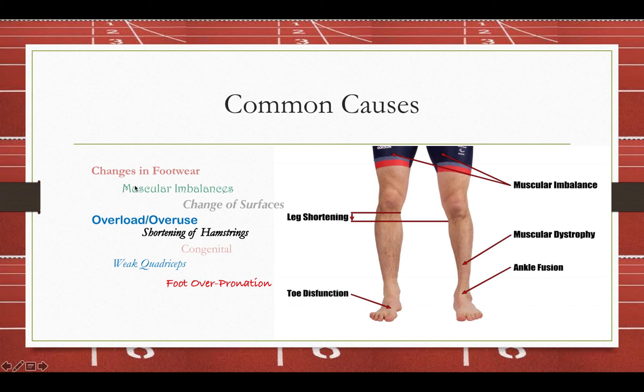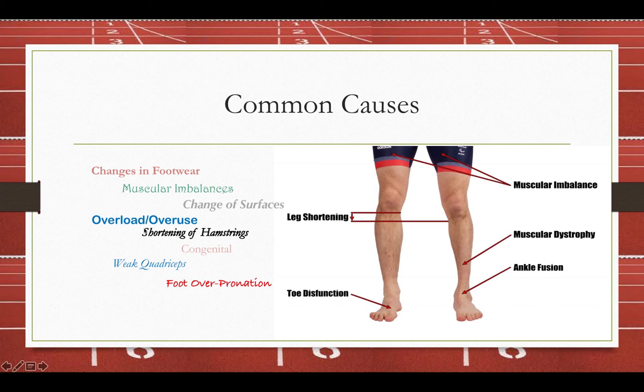But just to summarize, changes in footwear would be a big issue. So really, if someone has pronation, they're wearing a shoe that's more suitable for a supinated foot. They should be having a more structurally sound shoe, and a soft shoe could cause some real problems.